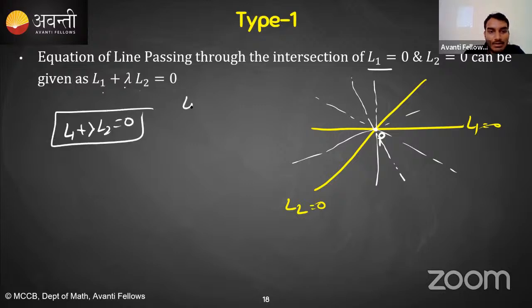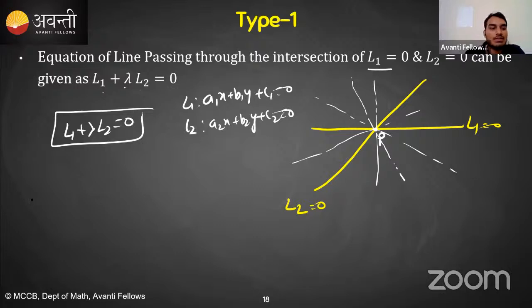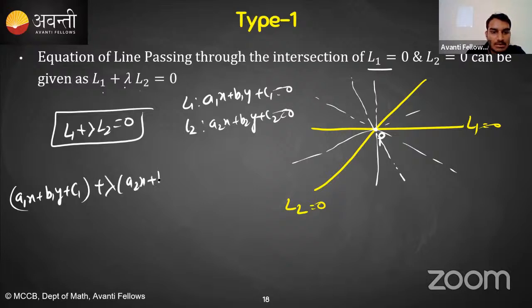Let's say L1 is A1x plus B1y plus C1 is equal to 0, and L2 is A2x plus B2y plus C2 is equal to 0. So all the lines passing through the point of intersection of L1 and L2 can be written as A1x plus B1y plus C1 plus lambda times (A2x plus B2y plus C2) is equal to 0.